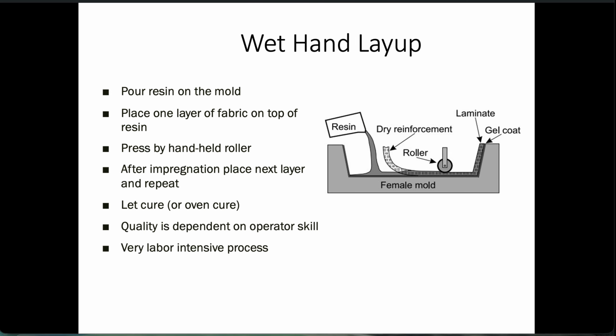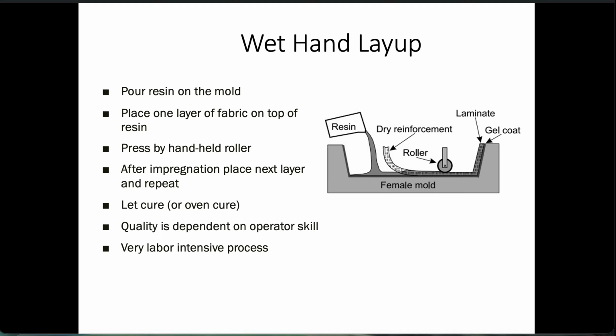Wet hand layup is the simplest type of composite making. You essentially create a mold and pour resin in your mold. Then you place the fabric on top of the resin.